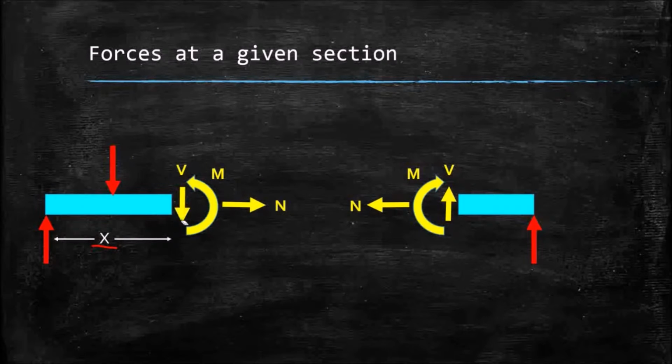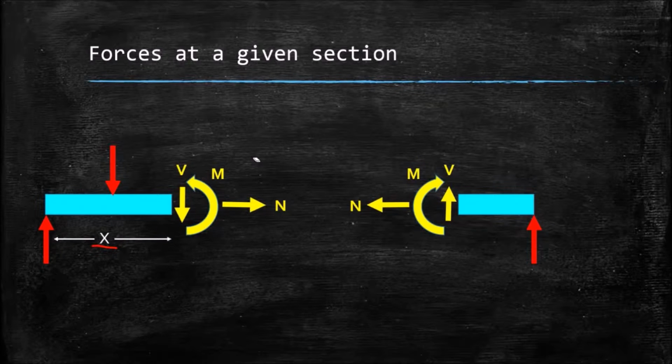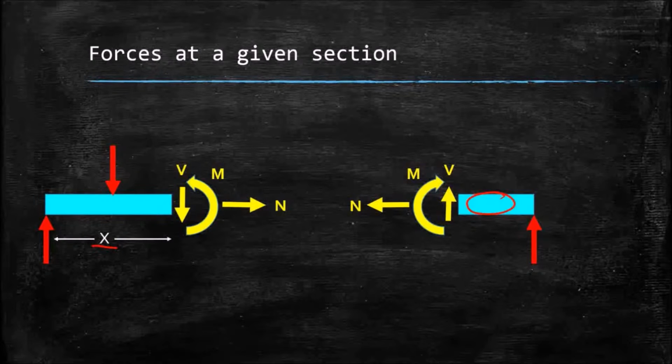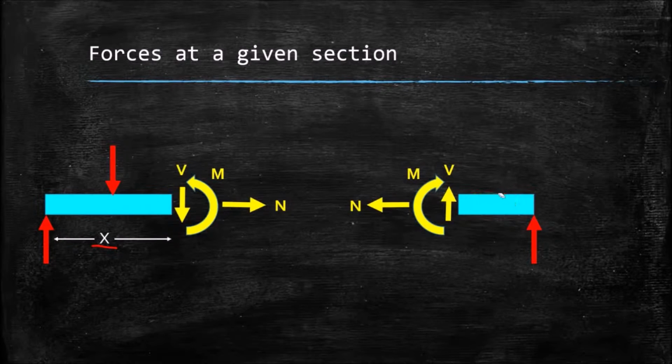And of course, on the other side of the beam, the remaining section, we have the equal and opposite forces to maintain this portion in equilibrium. I can work from either direction, but for today we'll work from the left end, and we'll calculate each of those forces as we go.